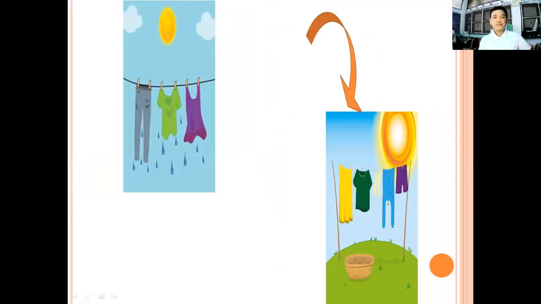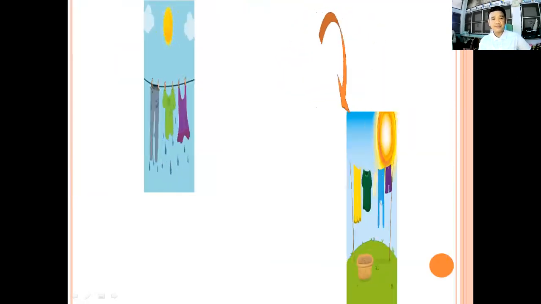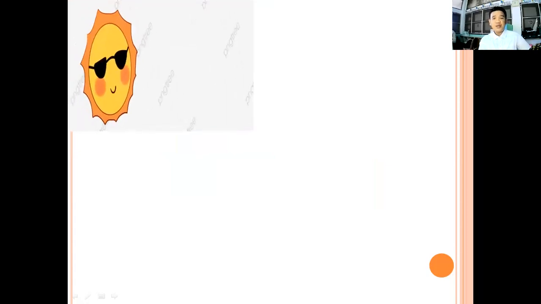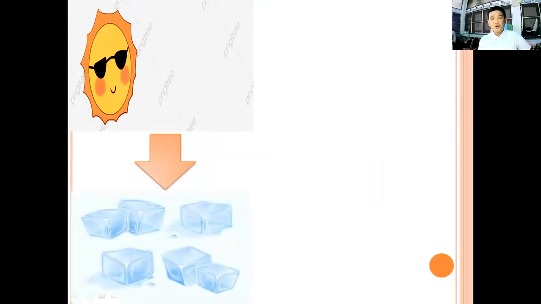Very good. Now, another one. There is a sun, and you forgot to bring the ice inside your house, so you leave it outside. What will happen to the ice after a minute? Because you forgot to put it inside the fridge, the ice is still outside under the sun.